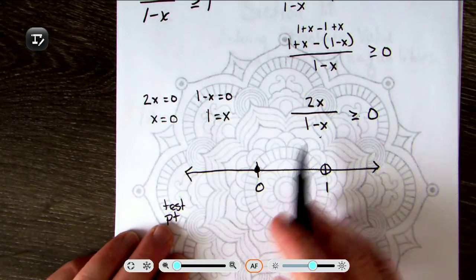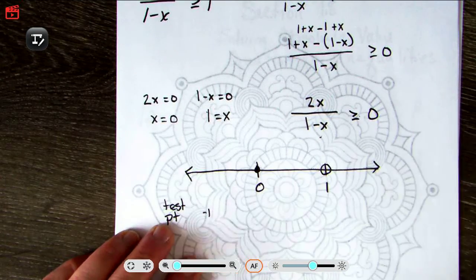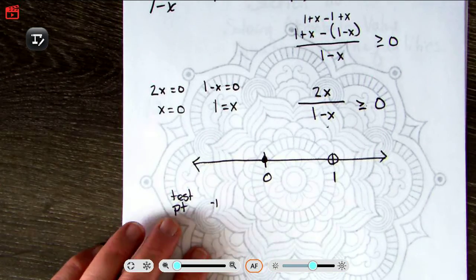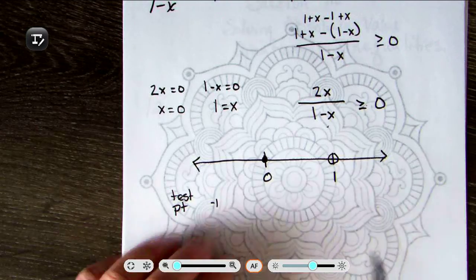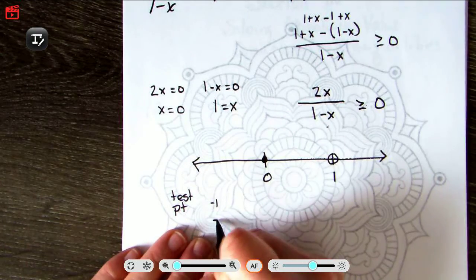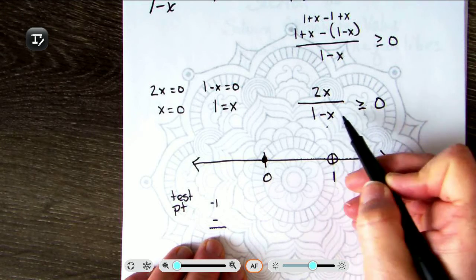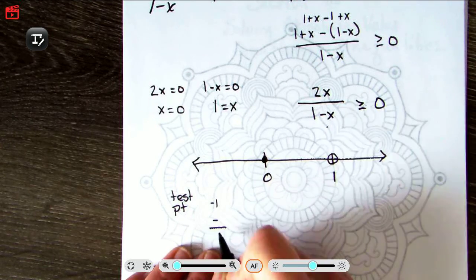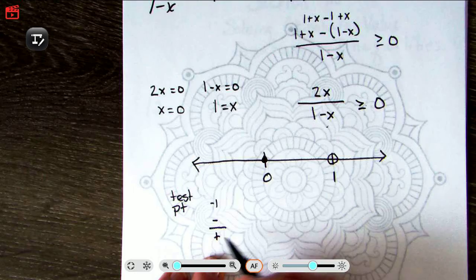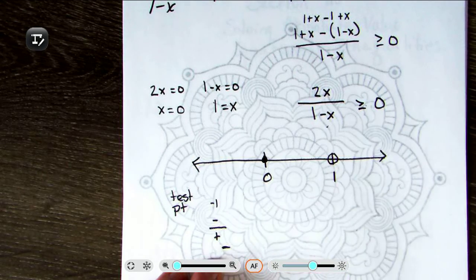Now taking a test point, so I'm just going to take, say, negative 1. And again, I just want to know, is my value positive or negative? So my numerator is going to be negative. And I have 1 minus a negative. So that'd be a positive. So a negative over a positive is a negative.